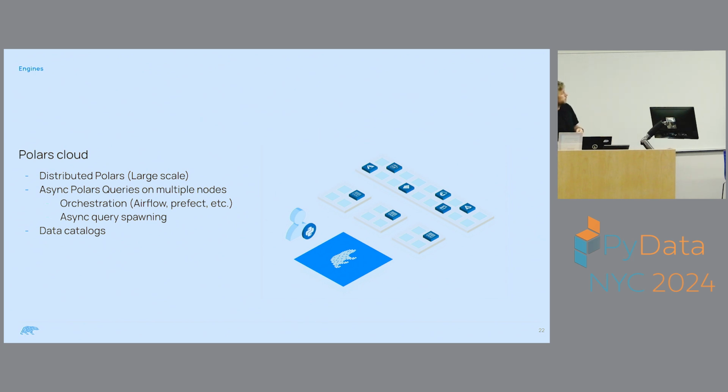And we're building distributed Polars. We want to do this a bit differently than Spark, because we are really good in vertical scaling. Vertical scaling has gotten way more interesting, right? We have way more RAM, and the work that can be done on a single CPU is way more than 10 years ago. It's also way less overhead, because you send data between threads, which is just pointers, and sending data over the network is really expensive.